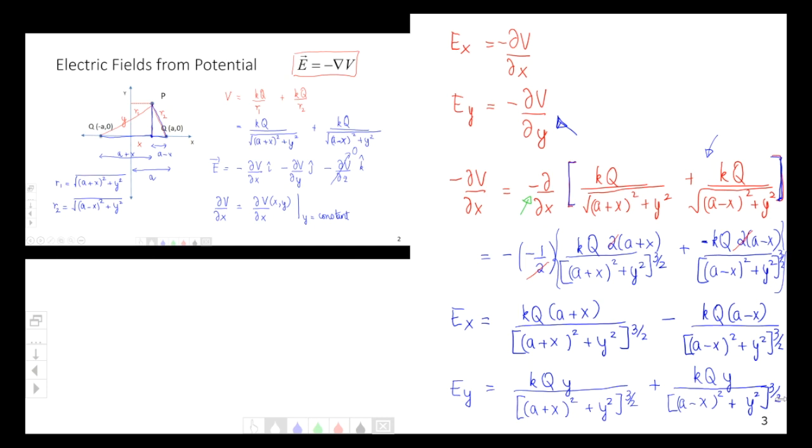So this is Ex and Ey, and if we put these together, we finally get that the electric field just looks like kq times (a plus x) i hat plus y j hat.